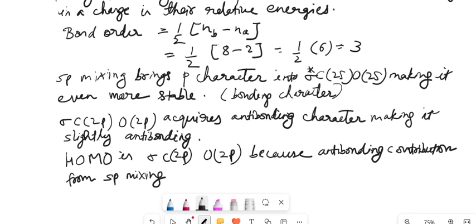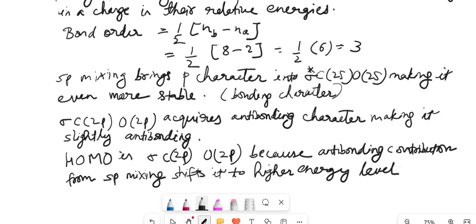The 2s and 2p of carbon get intermixed together. Actually the 2pz of the p orbitals and the 2s orbital, it shifts to a higher energy level.